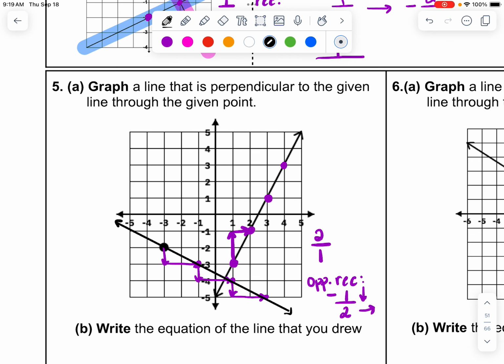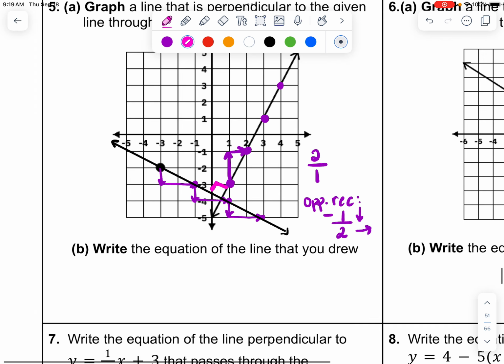And if you look at this angle right here, the angle is a 90-degree angle. It's exactly 90 degrees. In order to write the equation of that line that we drew, we're going to need the key features. So we're going to need a starting point, and we're going to need a slope. Now, we already figured out the slope. The opposite reciprocal was negative 1 over 2. So we're going to use that slope for our line.